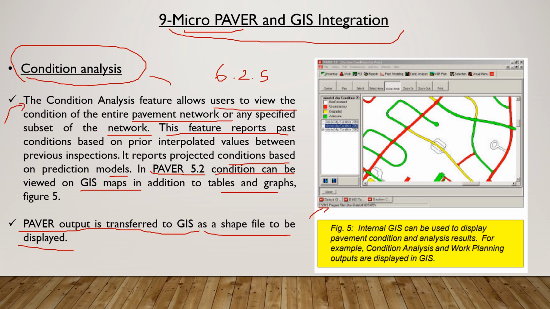You can internally view these maps on Micro PAVER, or we can export it as a shapefile on the GIS. That is very useful, especially if you want to take a decision regarding the maintenance or rehabilitation of a network or a specific cross-section, depending on the PCI value of this network or this road.